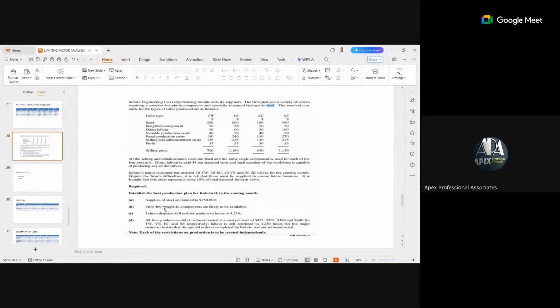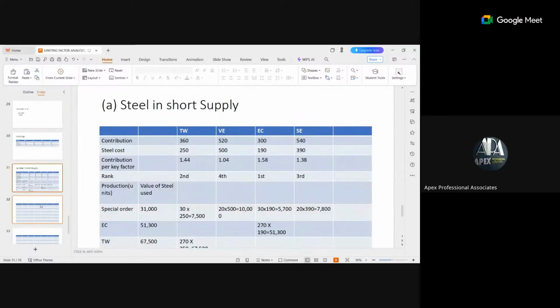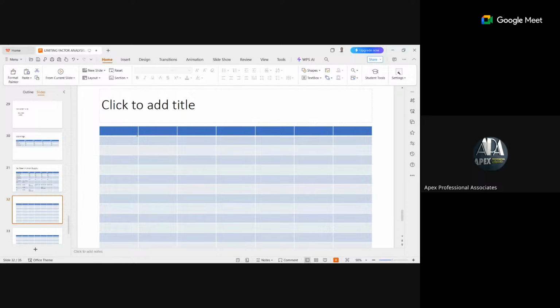So we will not need to do those divisions. Take note, this statement: the same single component is used for each of the 4 products. Single means what? One. Note, it's 1.